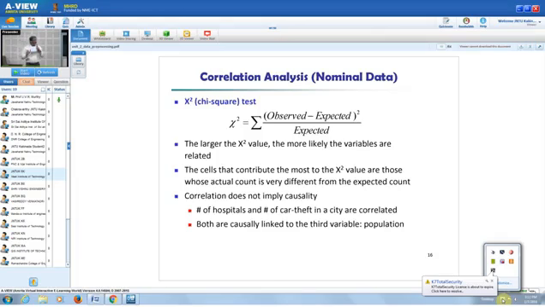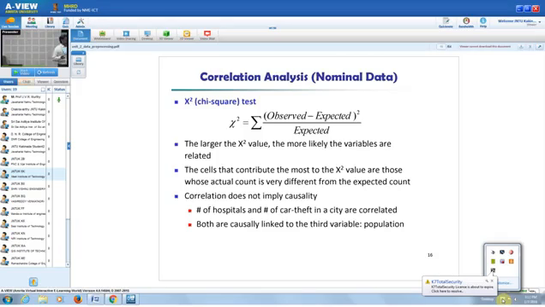And if the chi-square value is more, then there is a correlation between those two attributes. That is the meaning of your chi-square test. If the value is 0 or very less, there is no correlation. That is the meaning of it. And I'll be working out a problem also.